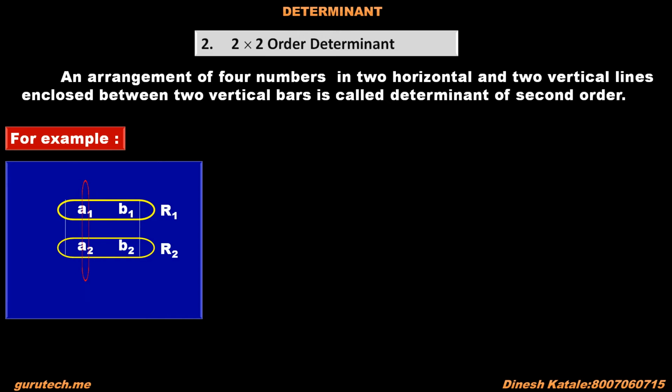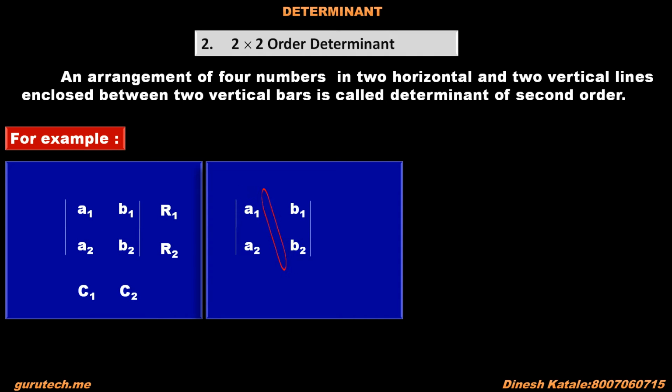Similarly, the numbers a1 and a2 are in first vertical line known as first column or C1, and numbers b1 and b2 are lying in second vertical line known as second column or C2.